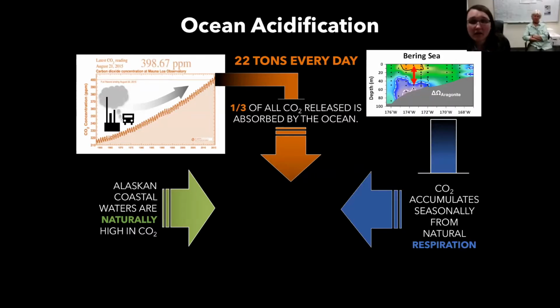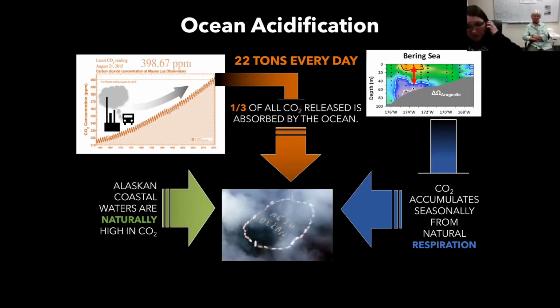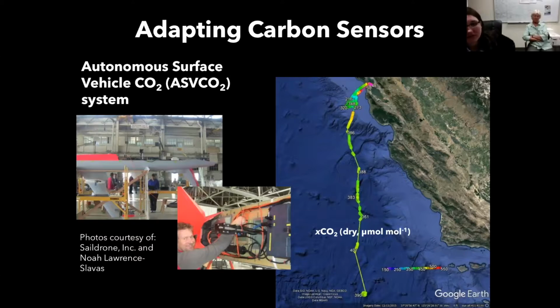And then as well, our highly productive systems that form these blooms at the surface export this organic matter to bottom waters. That organic matter gets respired and forms CO2 in those bottom waters again. So you have all three of these things forming a lot of pressure and a lot of CO2 accumulation in bottom waters over the shelf that results in these ocean acidification events.